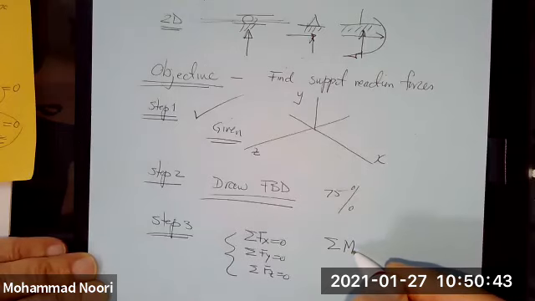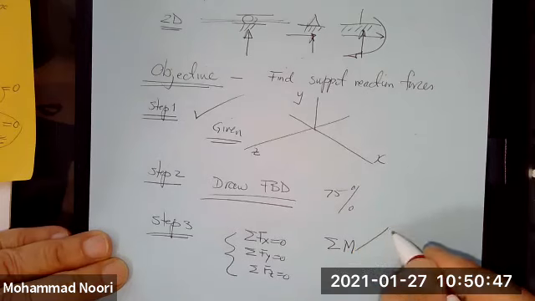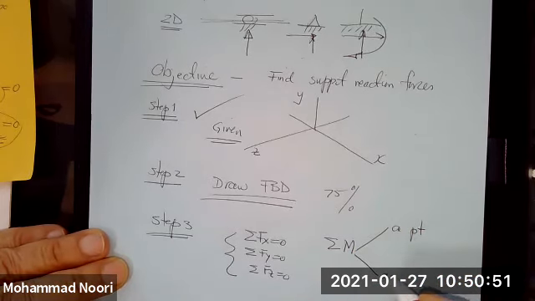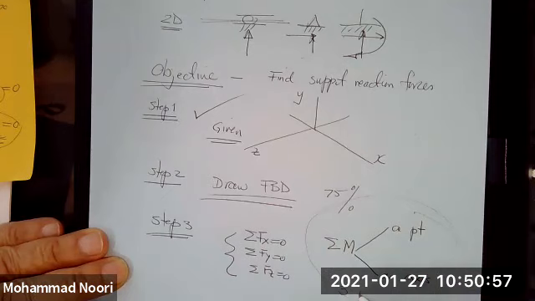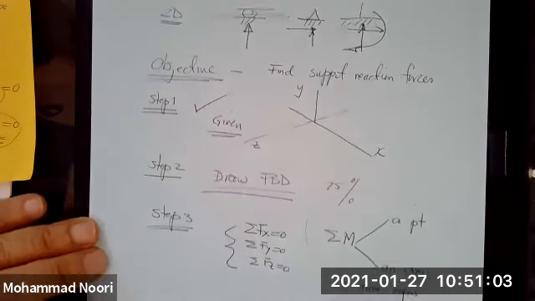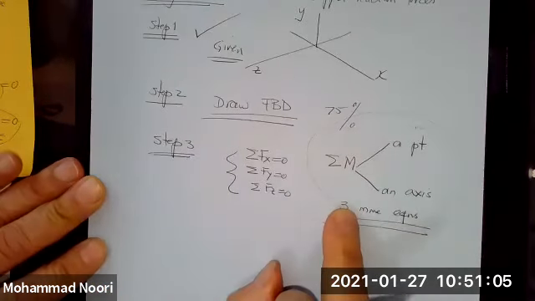This summation of moments, you can take either about a point or about an axis. Both of these result in 3 more equations.